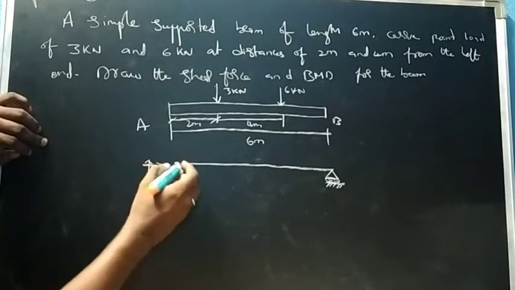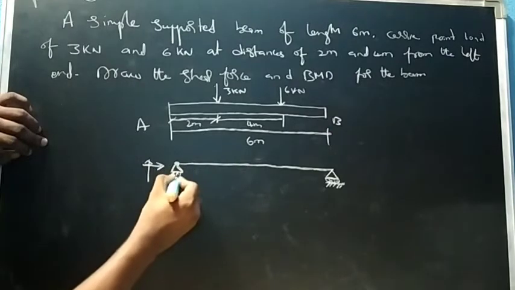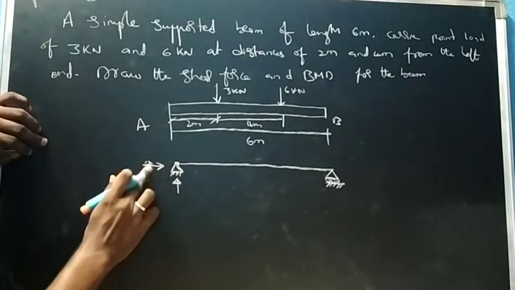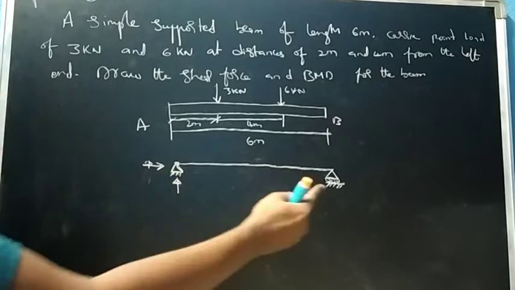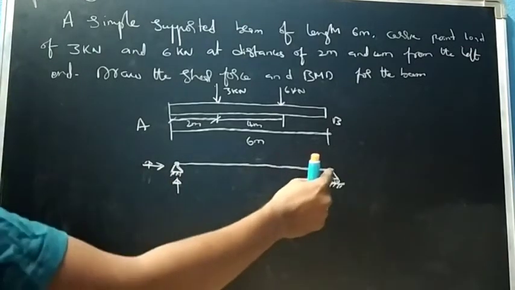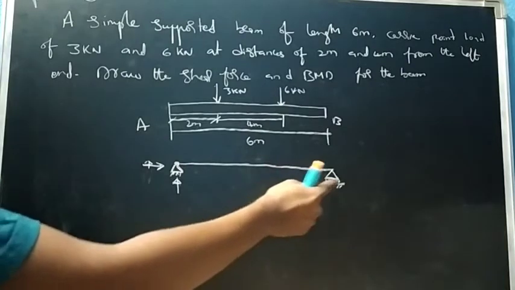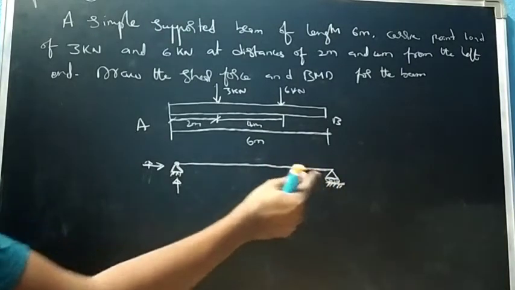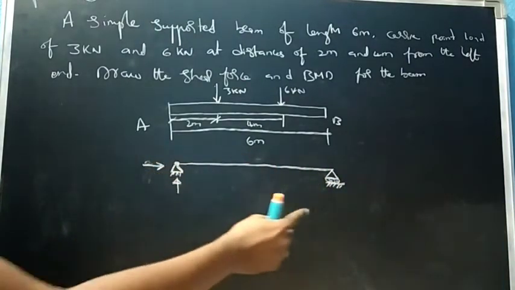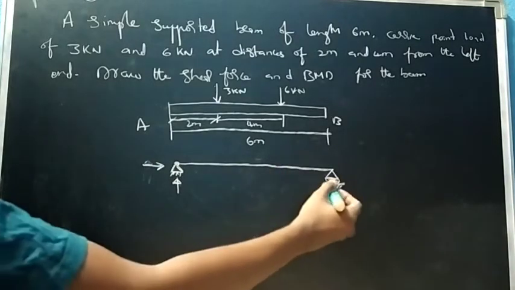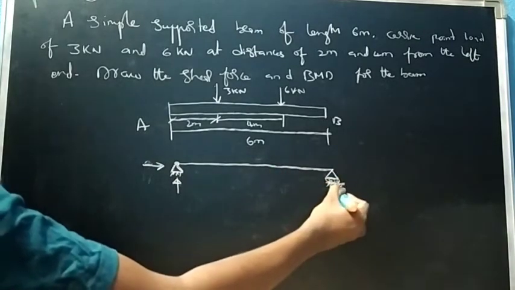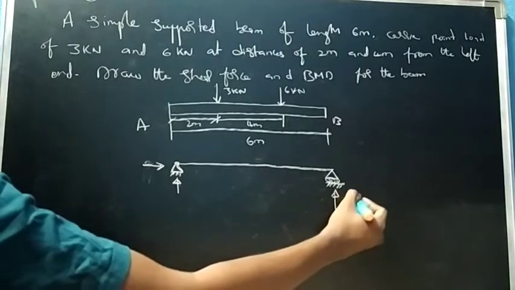The roller support, on the other hand, is free to move in the horizontal direction, so it doesn't have any horizontal reaction. It only has one reaction, that is the vertical reaction.